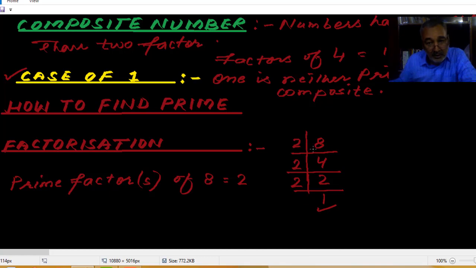If I have to express 8 as a product of primes, then I should write 8 is equal to 2 multiplied by 2 multiplied by 2, or we can write it in exponential form, 2 raised to the power 3.